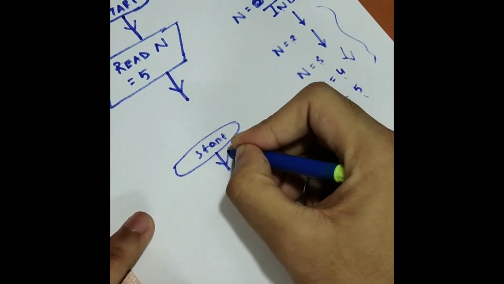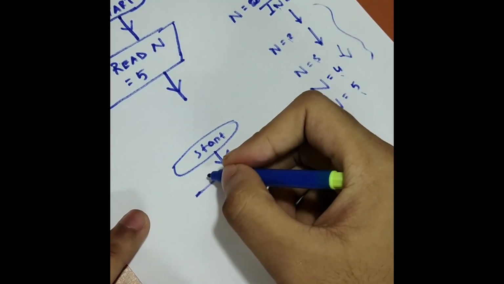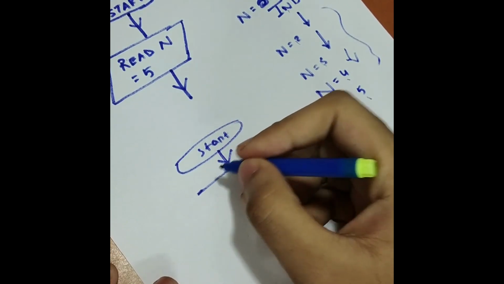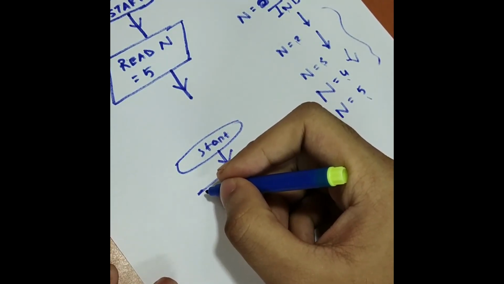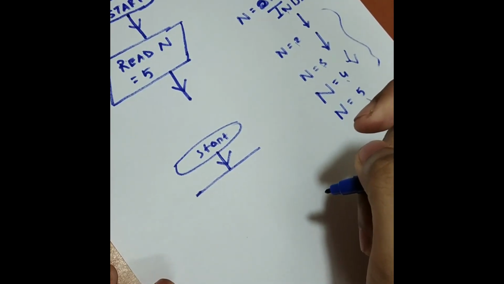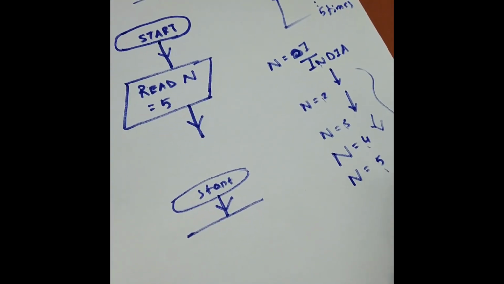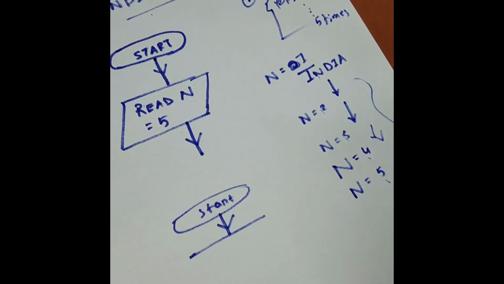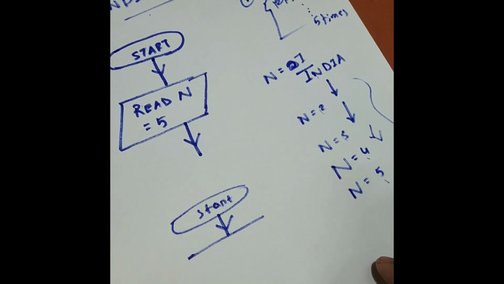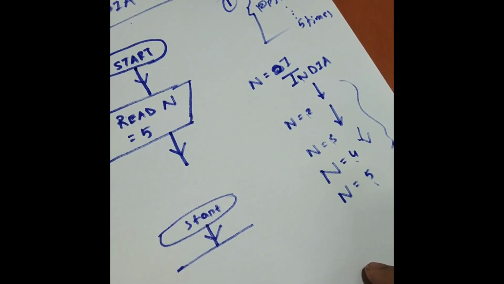Next it will be the input box, or the initialization box. Like for initializing any number, I want to give the number as 0, I want to initialize n as 0 or 1 or 10, so I have to initialize that variable with a constant.